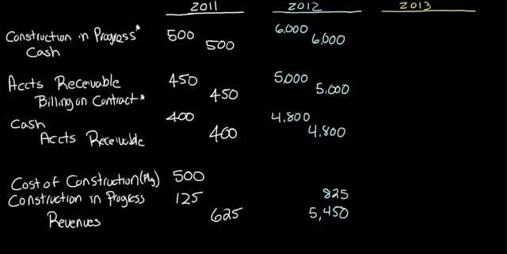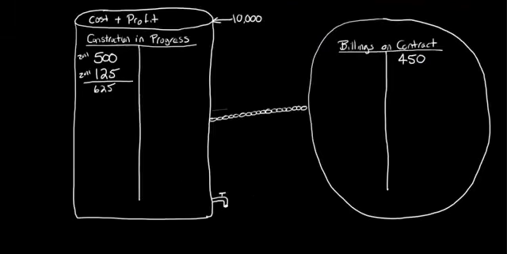And so our cost of construction, which is our plug number, is $6,275. And if you think about this construction in progress account, let's put these in the T accounts and see how it goes. So let's close that, and let's look at the T accounts for this.